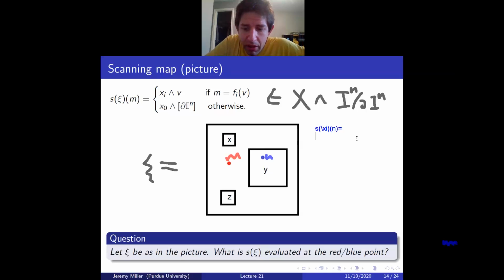It's going to be something in X smash something in the interval. So any guesses for what point in X we want to associate to N? Y? Y should be an X, right?